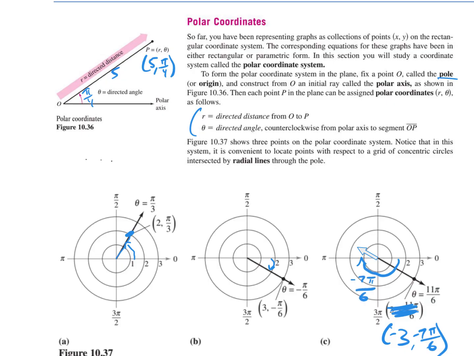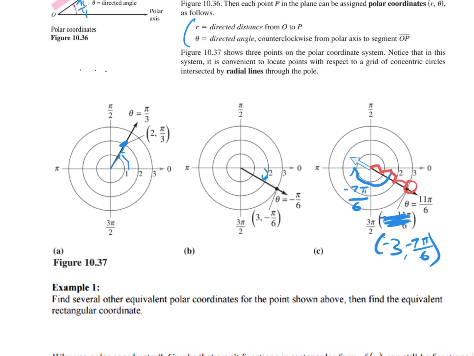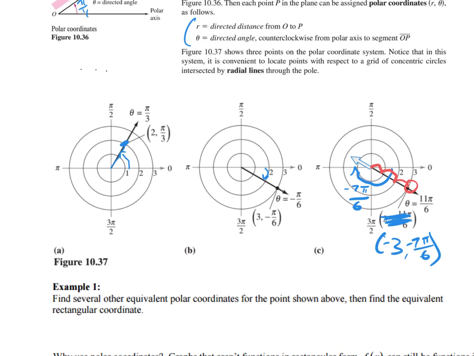Now, what does it mean to have a radius of negative 3? That means we're going to go backwards. Starting from the pole, we go backwards 1, 2, 3. And that would be the point (negative 3, negative 7 pi over 6). That's how we locate these points.